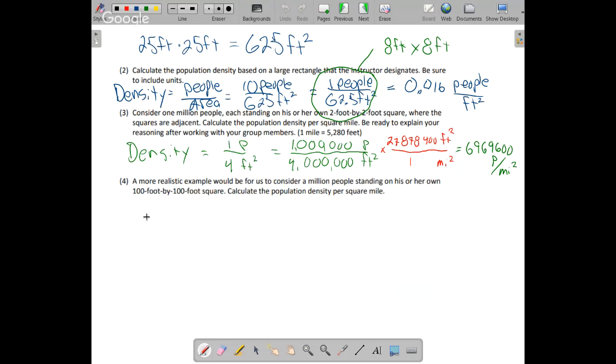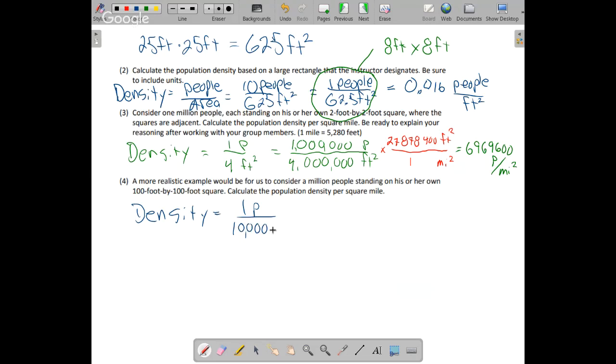Let's see. So the density in this case, each person, right, each of us has 100-foot by 100-foot. So our density in this situation, density is 1 person per 100 by 100. So 100 by 100.